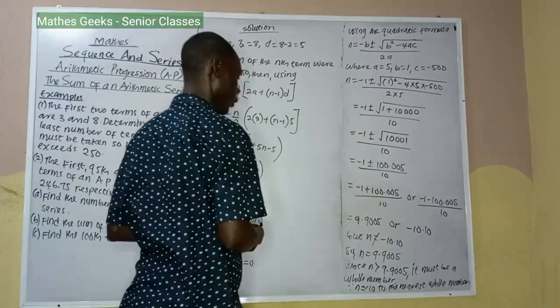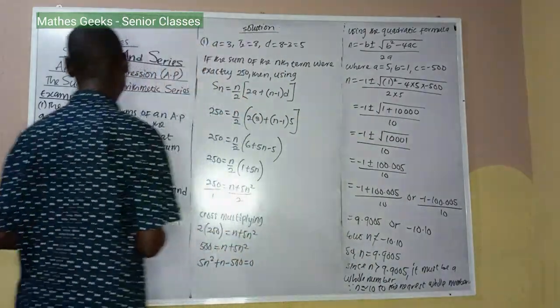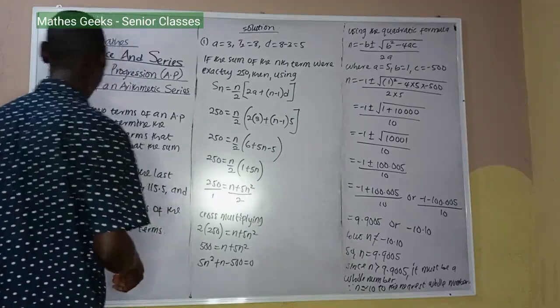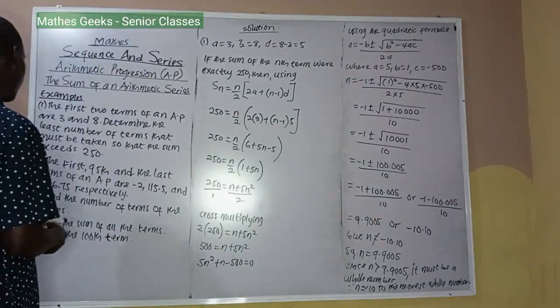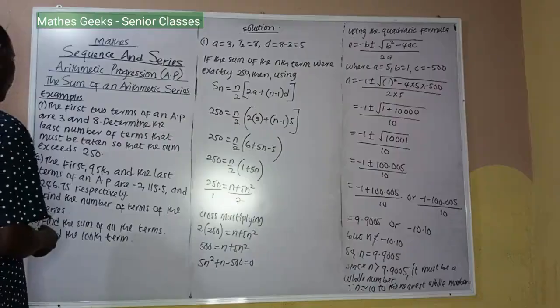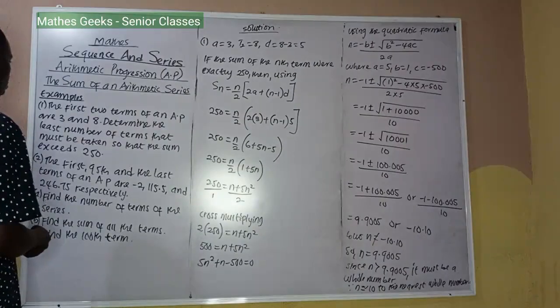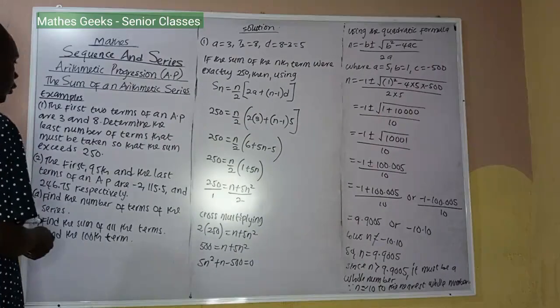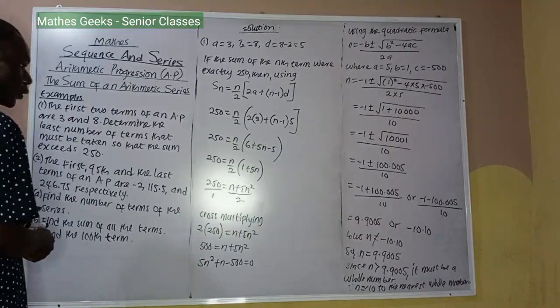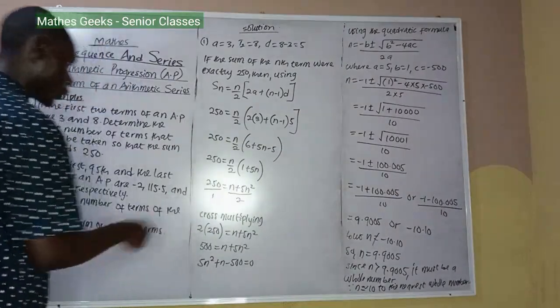So if the first two terms of an AP are 3 and 8, the least number of terms that must be taken so that the sum exceeds 250 is 10. So n is 10.